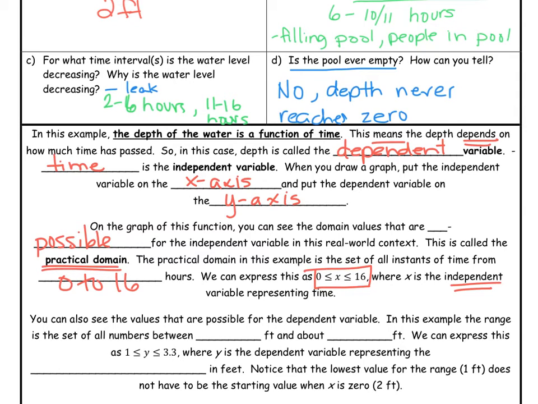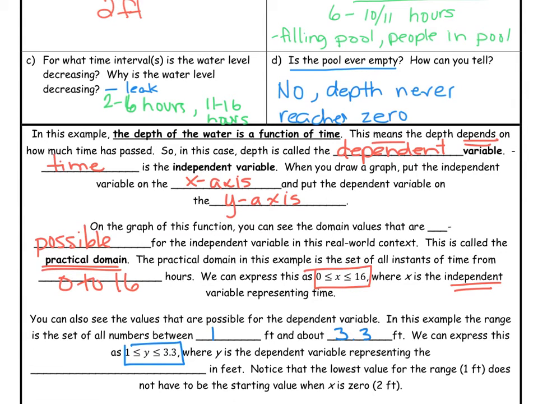You can also see the values that are possible for the dependent variable. In this example, the range is the set of numbers between 1 foot and about 3.3 feet. And we can express this also as an inequality: 1 is less than or equal to y is less than or equal to 3 3/10.